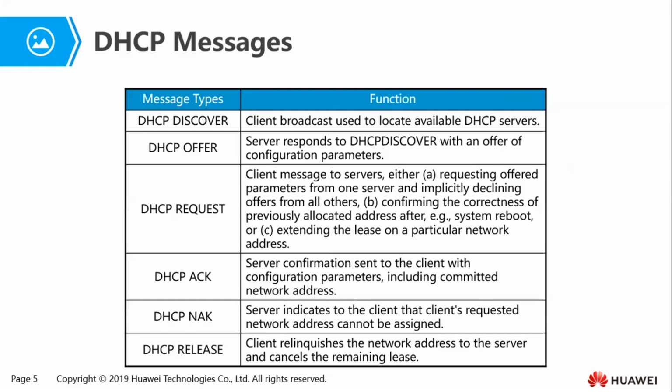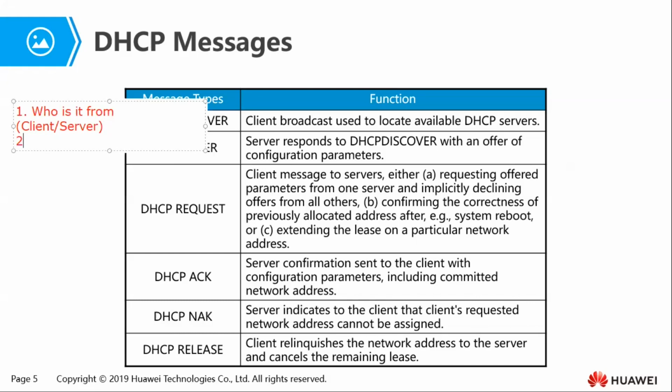Now, DHCP uses several messages in order to offer a client an IP address. These are some of those messages, so let's look at each one of them. What you need to know about these messages is, number one, who is it from, meaning is it from the client or from the server?